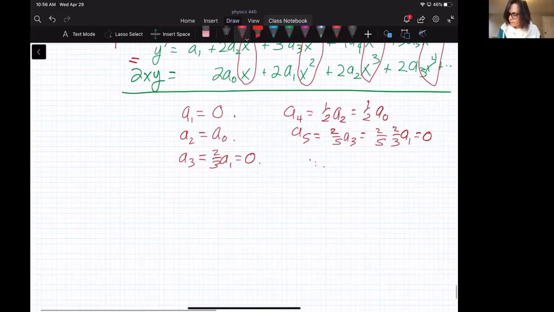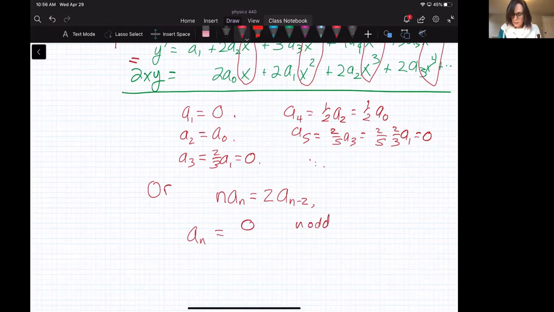Or we get that n times a sub n is equal to 2 times a sub n minus 2. In other words, a sub n is equal to 0 if n is odd, and 2 over n times a sub n minus 2 if n is even. Good.